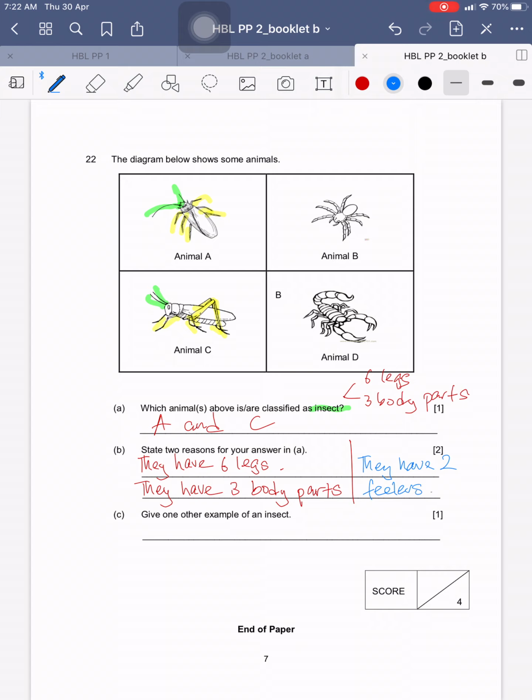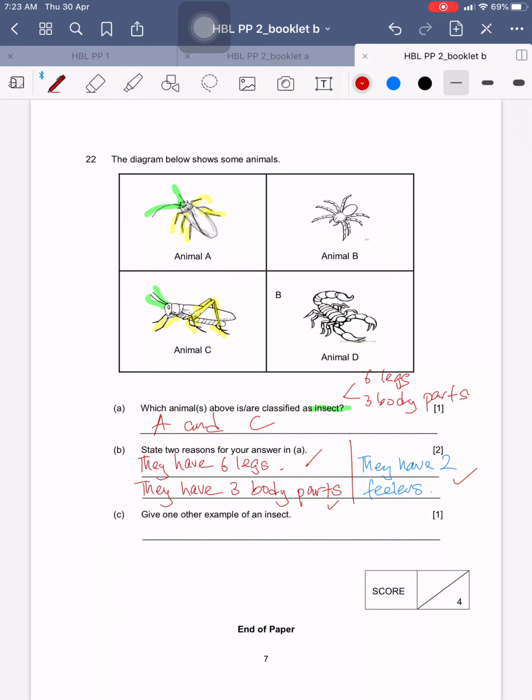Now for those of you who say that they have a hard outer covering, I will not accept it here because animal D, the scorpion, also has a hard outer covering. So rather than using that as a reason, we should focus more on things that only insects have compared among the 4 animals here, which will be they having 6 legs, 3 body parts, and 2 feelers.